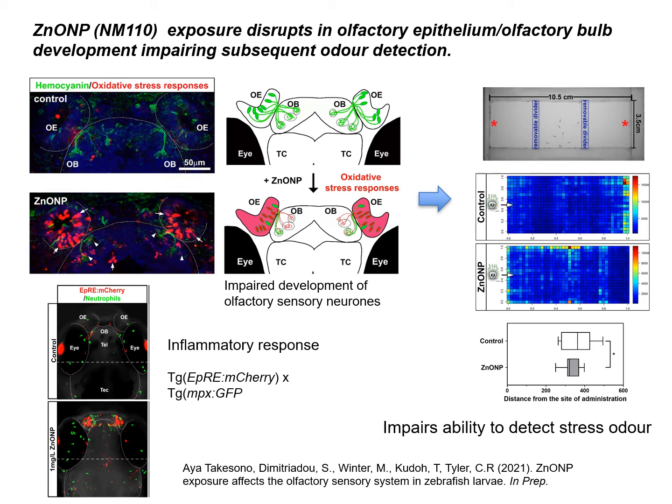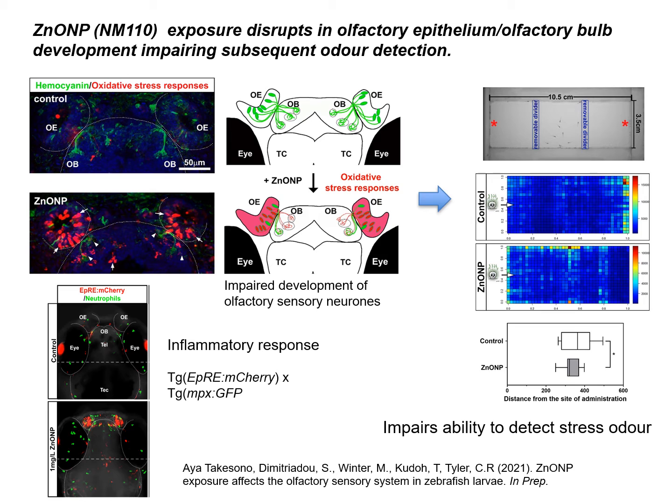Here the transgenic for oxidative stress has been crossed with one where you can visualize the macrophages within the zebrafish, and the very bottom left hand of that panel, the green spot shows you the macrophage migrating to the olfactory system, which has been exposed to zinc oxide nanoparticles.